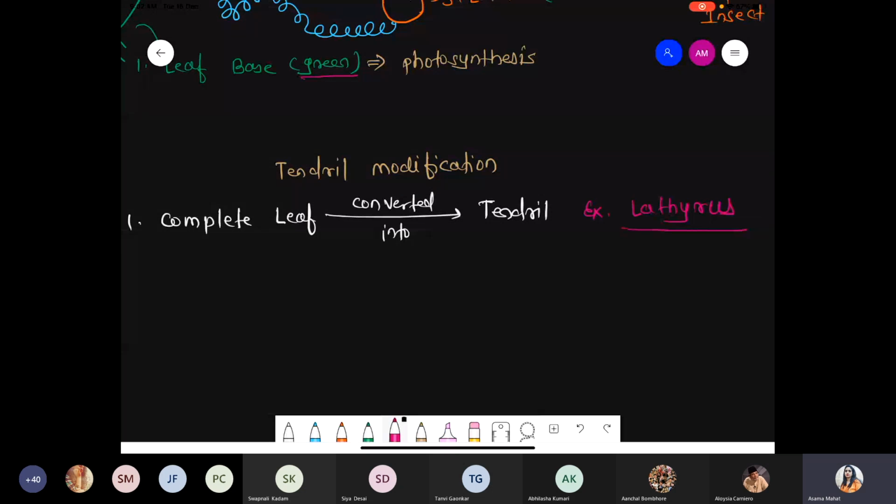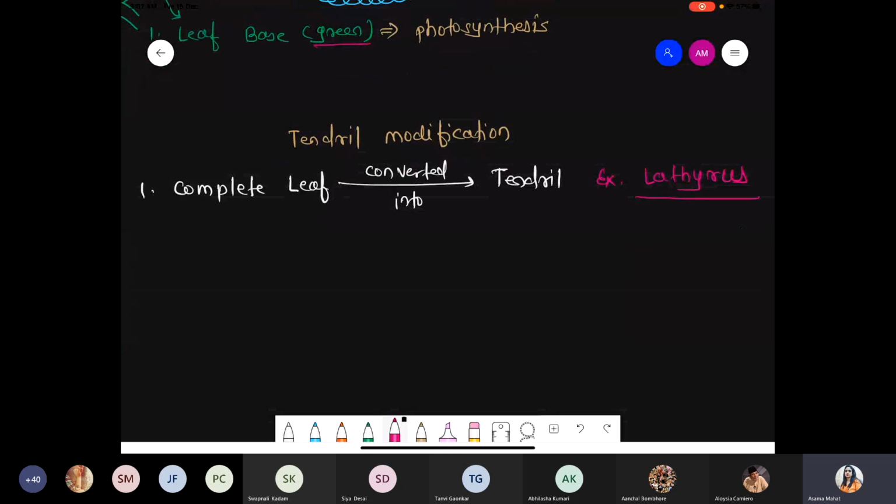Now sometimes the leaf apex also converts into tendril. For this you can write one example, Gloriosa.